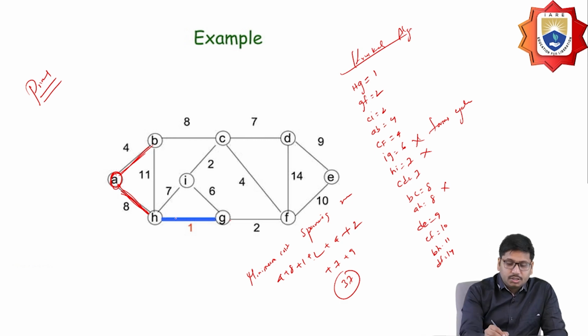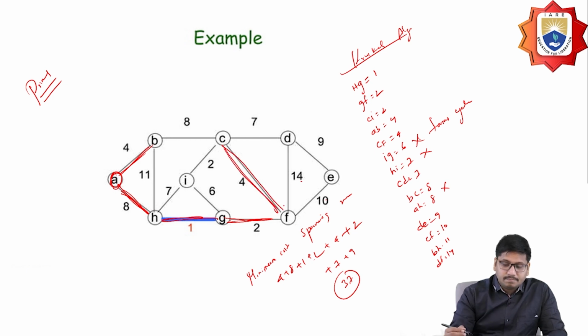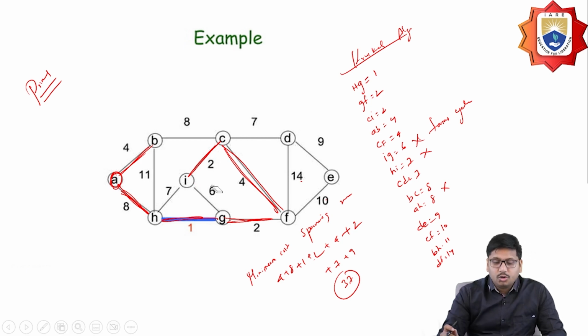So our next one is HG, and this one is 2. And from here 4, 14, 10. So 4 is going to be selected. And from here I'm going to select C, I, and C6 is going to form a cycle. So I'm not going to use this.